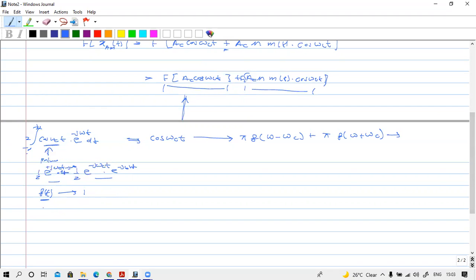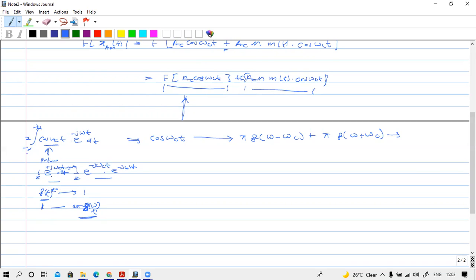Using that duality property, we can get the Fourier transform of 1 as 2 pi delta(omega). This is the impulse function in the frequency domain, and that was the impulse function in the time domain. So we have this Fourier transform for 1.